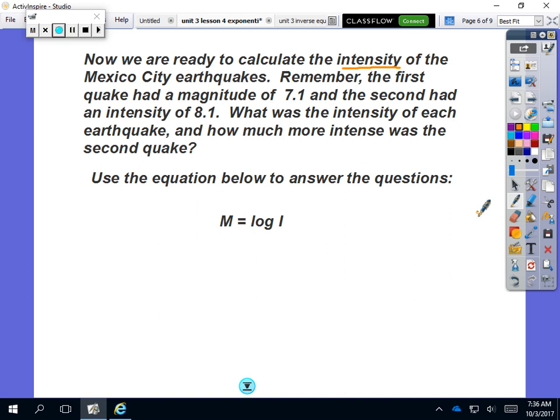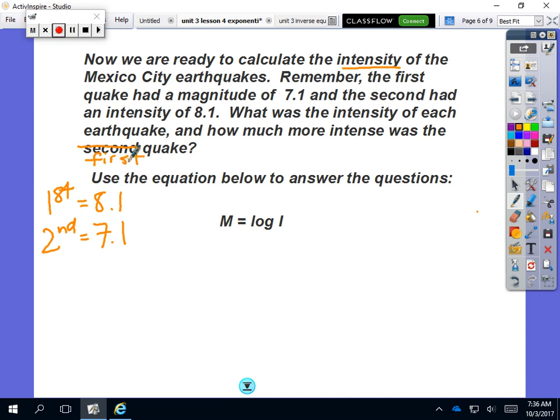But when there's an earthquake, that vibration increases exponentially. So the first quake, and I have these backwards, the first quake had a magnitude of 8.1, and the second, the magnitude was 7.1. What was the intensity of each earthquake, and how much more intense was the first quake?